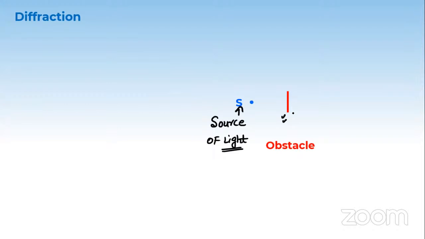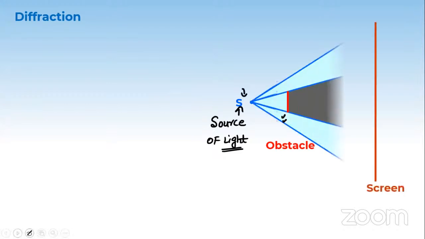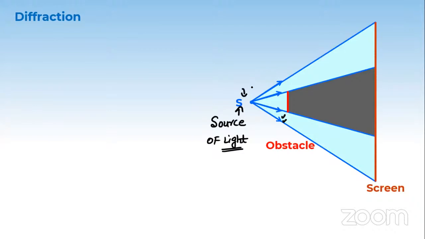So this is diffraction. Suppose this is a source of light here, and you can see that from this source the light rays are passing like this. So when it passes via an obstacle, this portion is not getting illuminated.